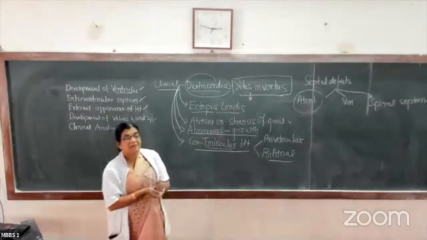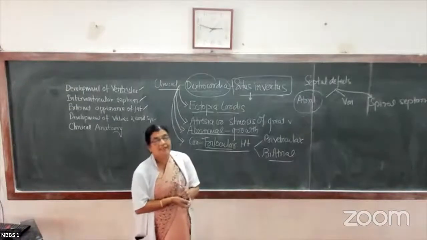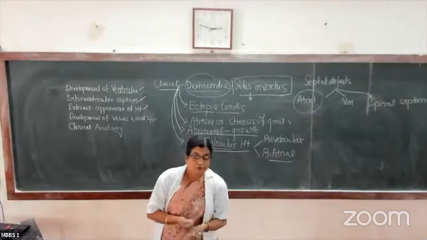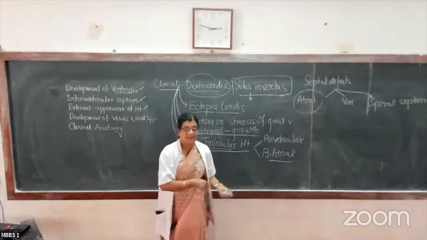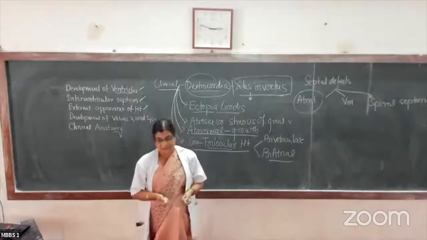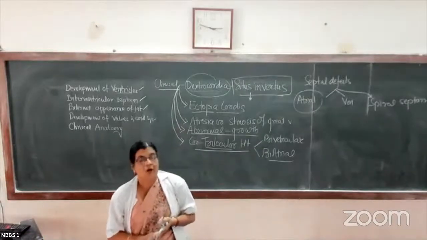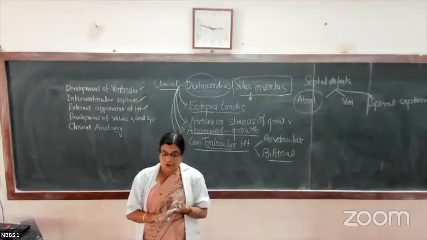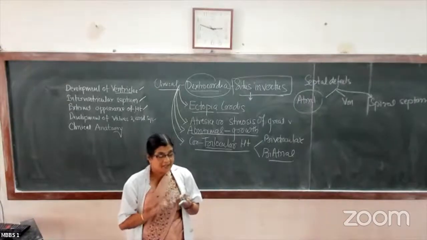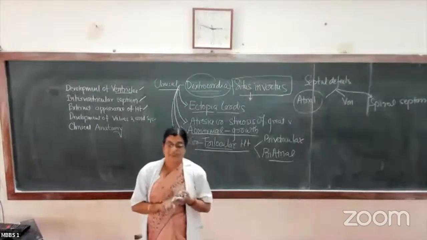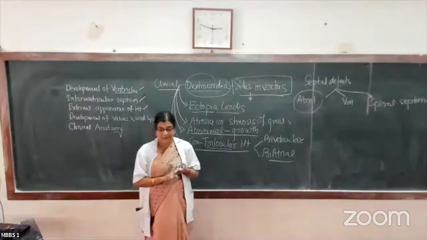If septum secundum is not formed, then ostium secundum will be a large orifice through which deoxygenated and oxygenated blood will mix with each other. So, whenever there is a persistent ostium primum, that is also not normal. Persistent ostium secundum, when there is no formation of the septum secundum, is also one condition.